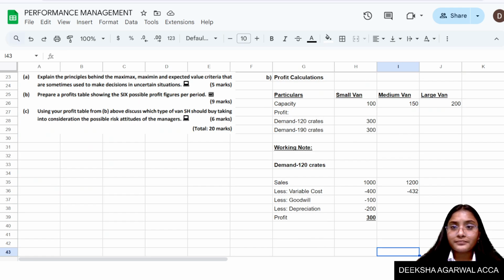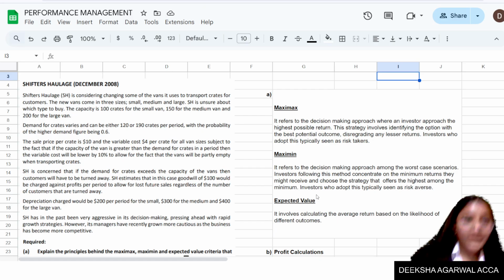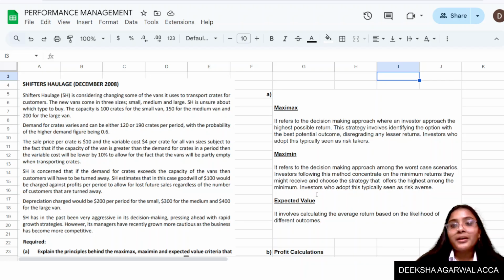Now, my goodwill. How much is my goodwill? Obviously, 100 is my goodwill. I think, wait a second, goodwill will not be charged here. Because goodwill will be charged against the profit for the future regardless of the number of customers turned away. Okay. If your capacity is less than your demand, in that particular situation only you will be charging the goodwill, otherwise no. If you have enough capacity to cater to them, then there will be nothing.